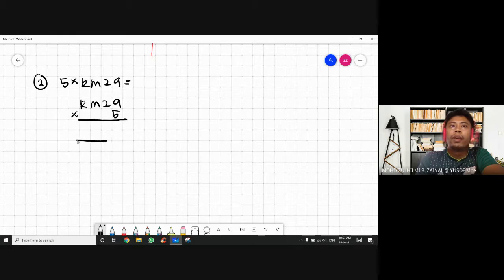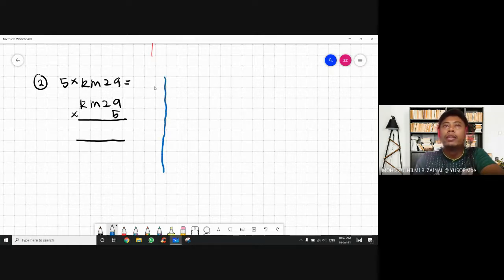Very easy. So 9 times 5. Remember, if you don't memorize, you can always do the usual times table. Which times table? The 5 times table. 1, 2, 3, 4, 5. Start from 0, 1, 2. Look at what the biggest number here is, which is 9.